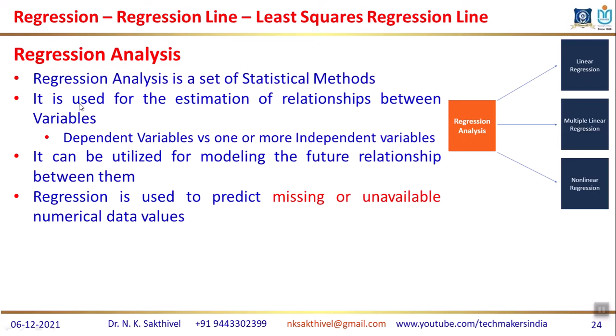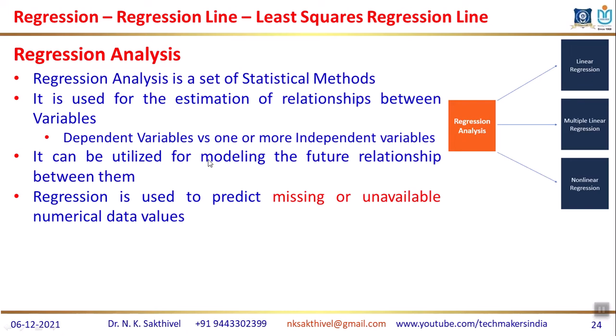So the dependent variable versus independent variable association is what we would like to discuss. That is called regression analysis. If we have one variable, from that variable we can predict the value of the other variable. So that association we can predict. For that purpose we use regression analysis.